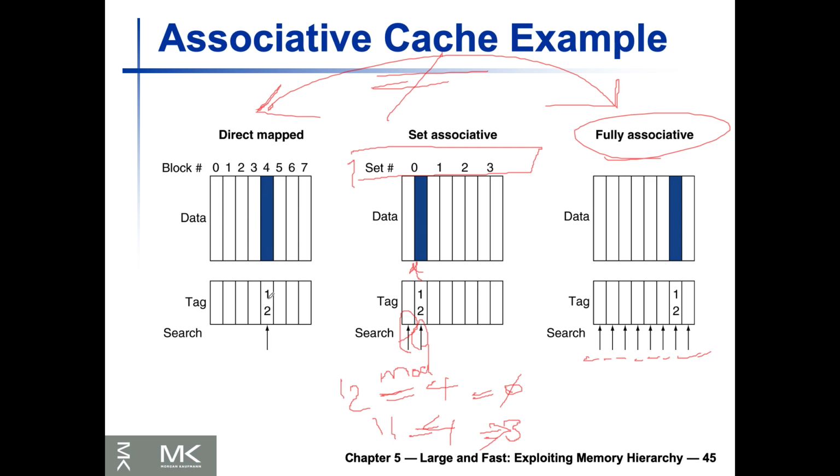Does anyone know why block 12 ended up in block 4 for direct map? We discussed this last week. 12 modulo 8, that's right.